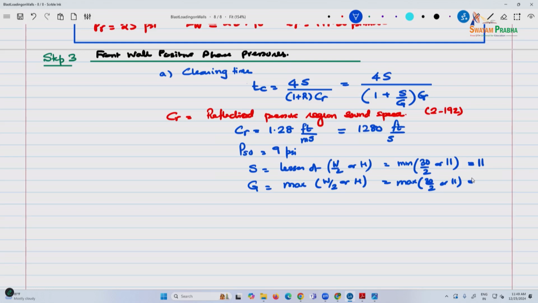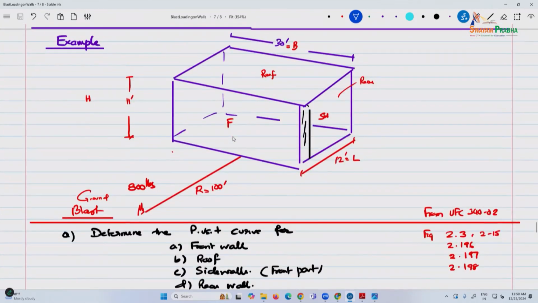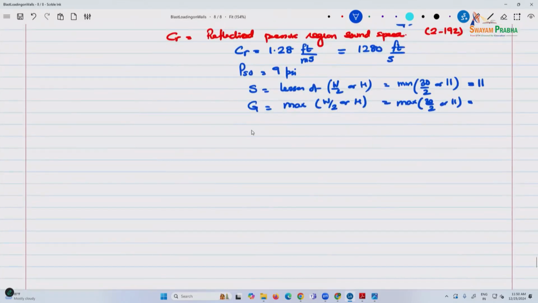Let me change one thing. I might make a quick change because I don't want to change my calculations here. So let's make this change to 40. So this is 40 by 2 or 11. So this comes to 20.